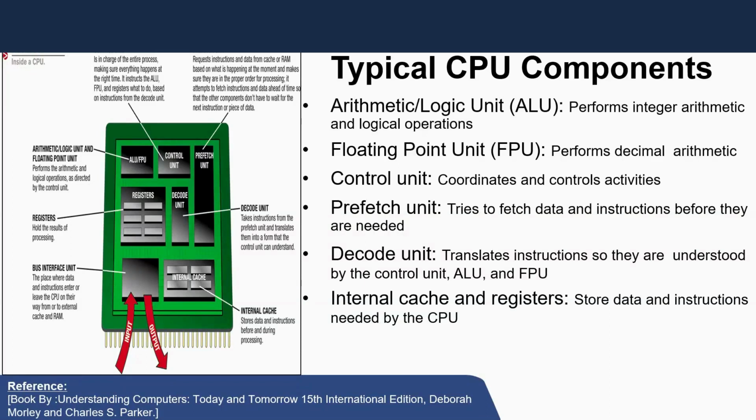Internal caches and registers are the memory devices of a CPU in which it stores some data. We have already seen what a cache is and why it is used. Registers are the smaller type of memory that the CPU needs when it is performing operations.